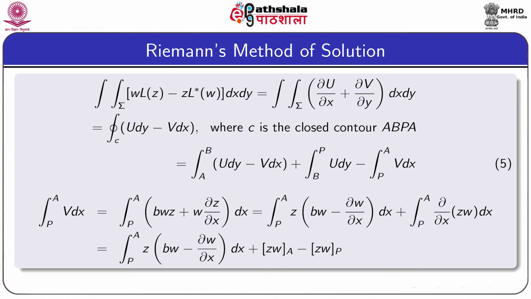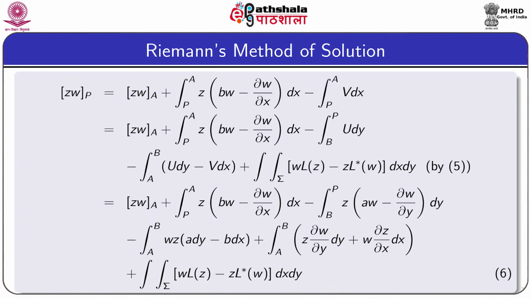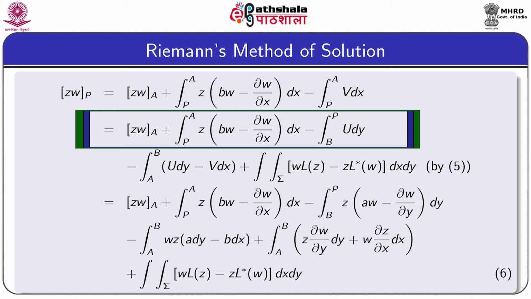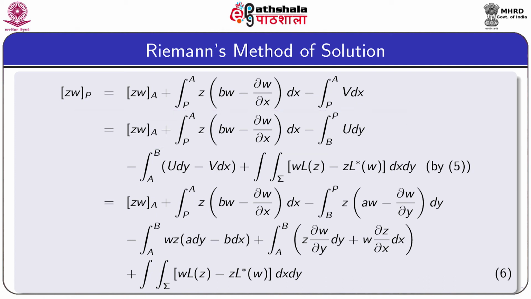So, we can find the value of zW at the point P as zW at A plus the integration from P to A of z (B W − ∂W/∂x) dx minus the integration from P to A of v dx. So, zW at A plus the integration from P to A of z (B W − ∂W/∂x) dx minus the integration from B to P of u dy minus the expression written here, and this can be obtained using relation 5.